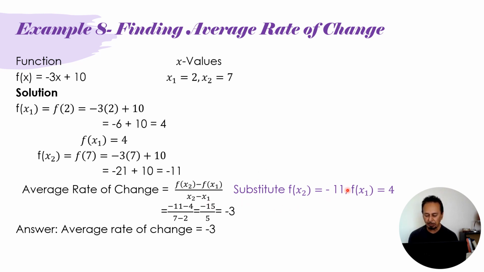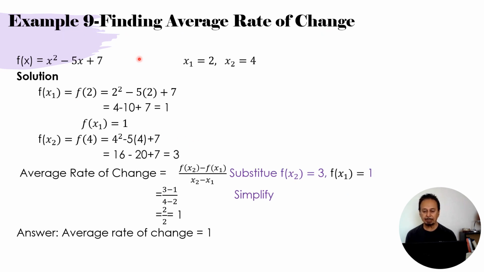So we substitute f of x2 as -11 and f of x1 as 4, and x2 as 7 and x1 as 2. We simplify: -11 minus 4 is -15, and 7 minus 2 is 5. Divide -15 by 5, which gives you -3. So the average rate of change equals -3.